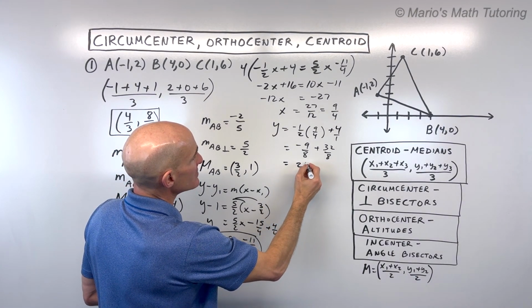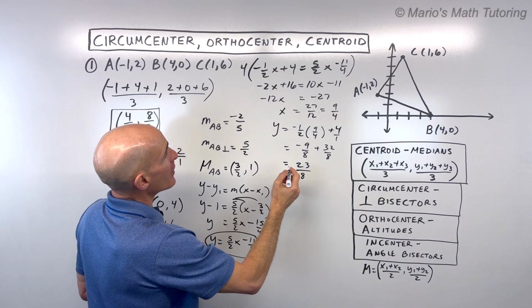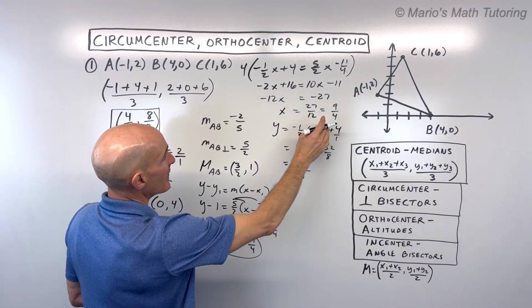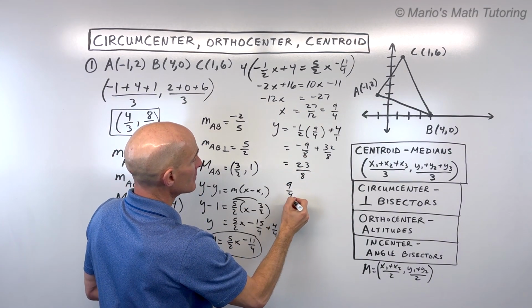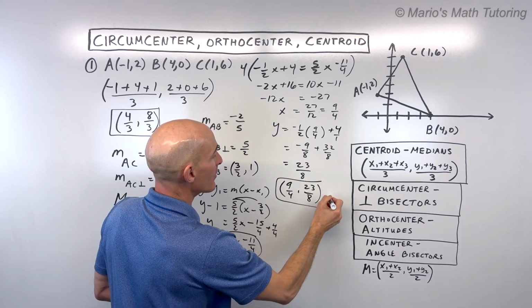Okay, and so now our point of concurrency where our circumcenter is going to be at 9/4, comma, 23/8. Not a great number, but that's where it is.